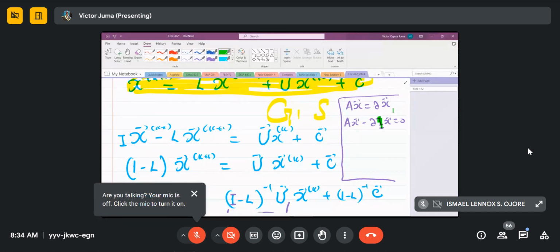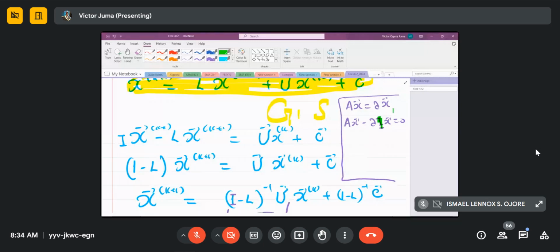If I want to subtract a number from a matrix, the one is a matrix and the other is a scalar. And so I cannot subtract a scalar from a matrix. I need to make the other also a matrix, just by multiplying it by the identity. Because the identity is a unit, if you multiply, it keeps the same thing.